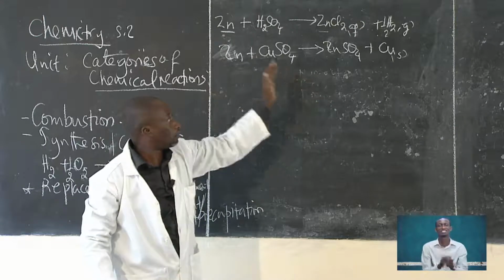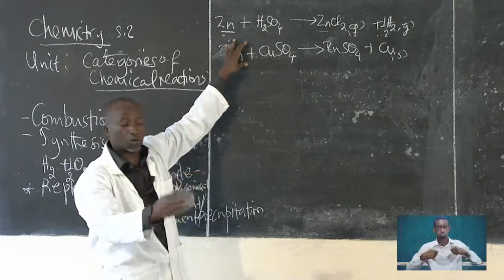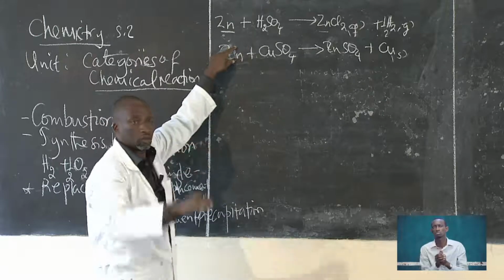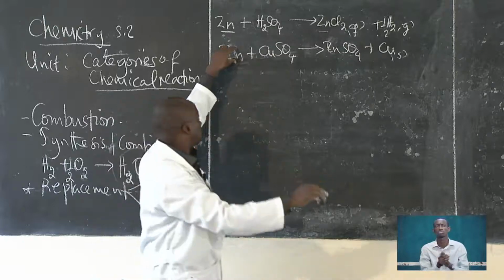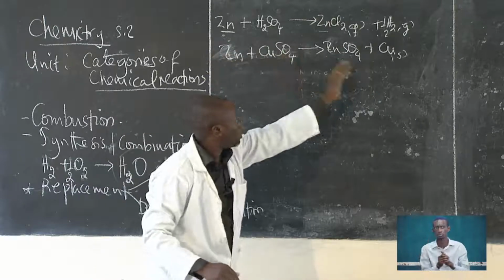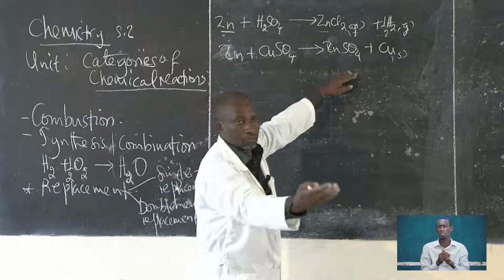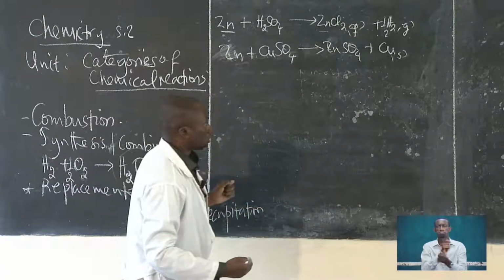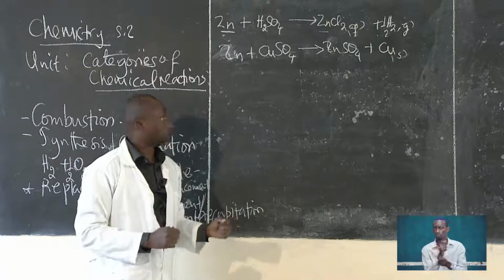We put the zinc strip into the copper(II) solution, and the brown particles of copper metal were formed in the previous lesson.